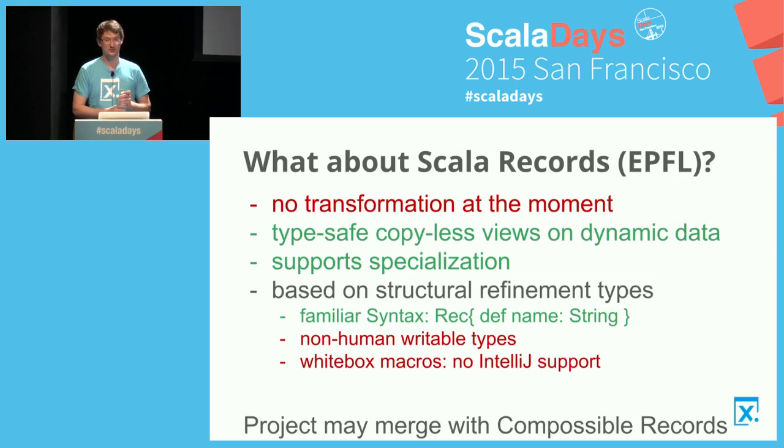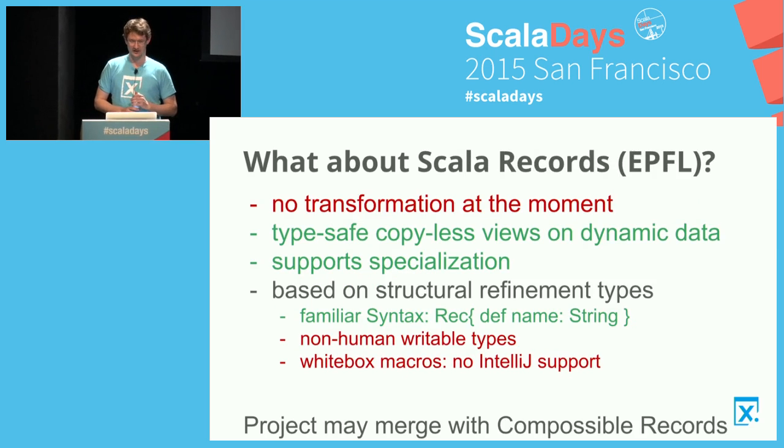Cool. So there's another project regarding records at EPFL actually. I had a long, productive discussion with one of the guys working on this on the weekend, and it turns out they're very similar to what I'm doing, but most of the stuff that's implemented is very complementary. The only overlap is basically how we represent the structural types within the record. As you've seen, I've represented them as a type argument with a structural type.